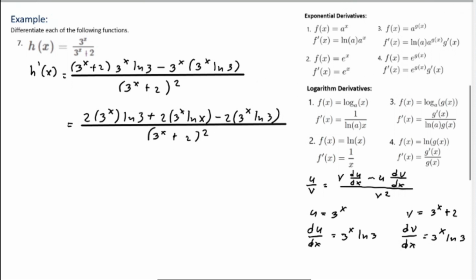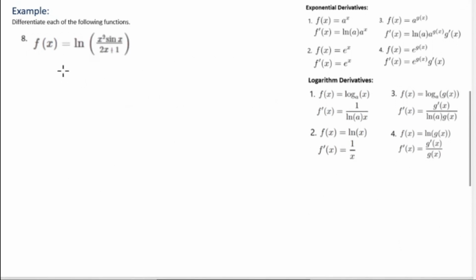And based on the numerator, we have two similar terms: 2 times 3 to the x times ln of 3 minus 2 times 3 to the x ln of 3, and this will be cancelled out. The remaining value is equivalent to 2 times 3 to the x times ln of 3, and we divide by 3 to the x plus 2, in parentheses, squared. And this is the derivative.